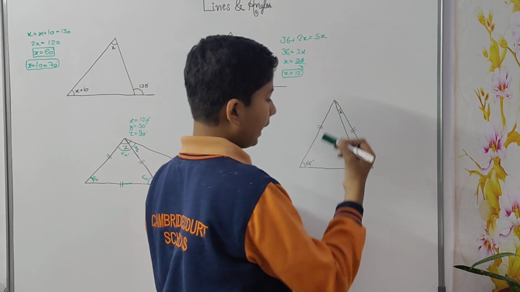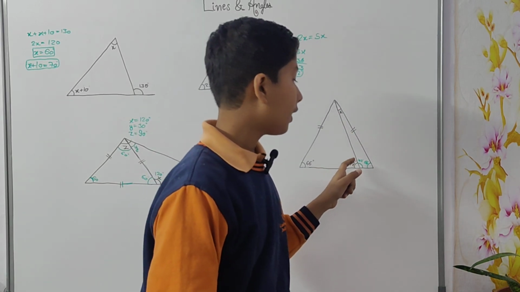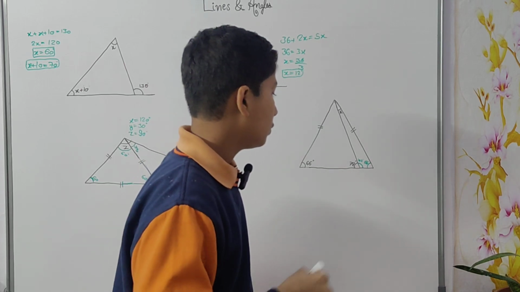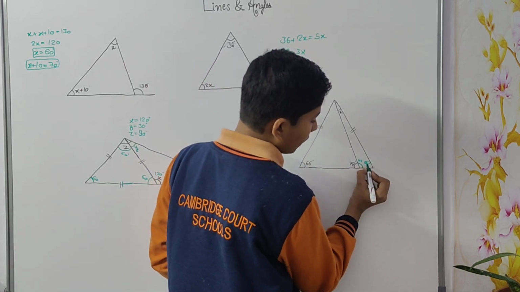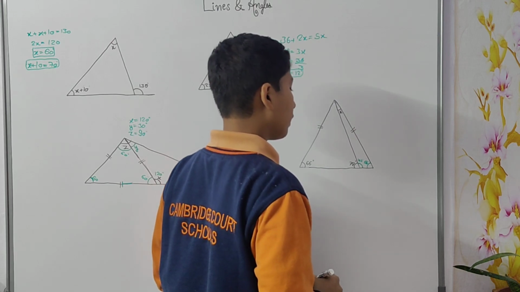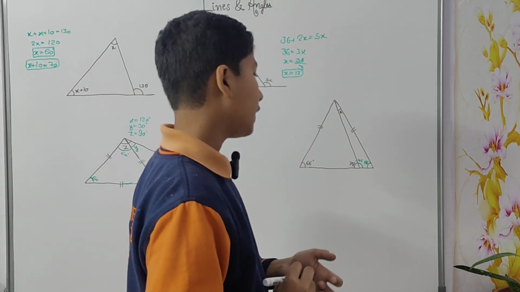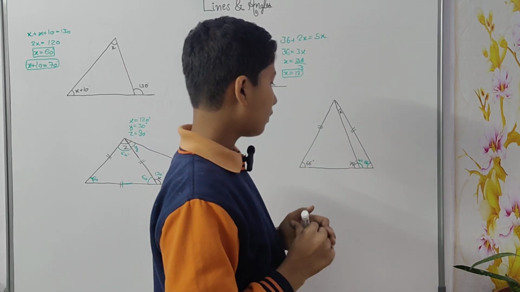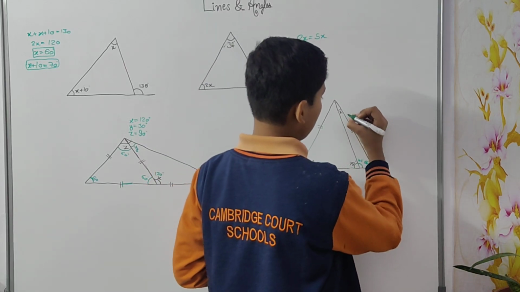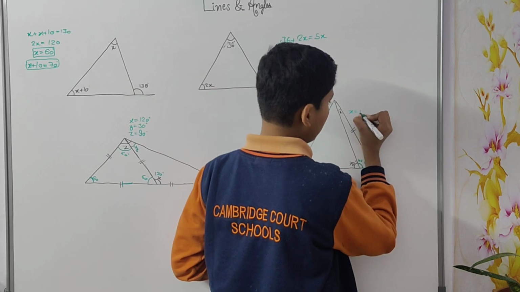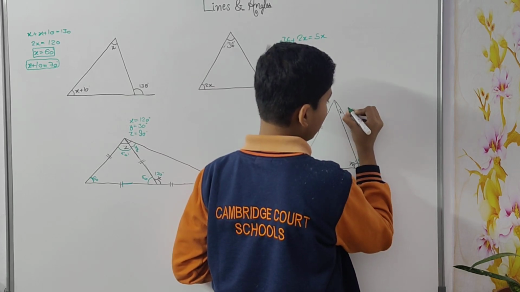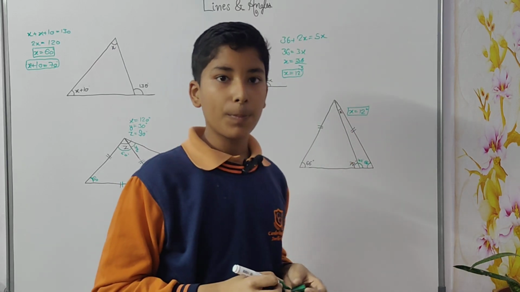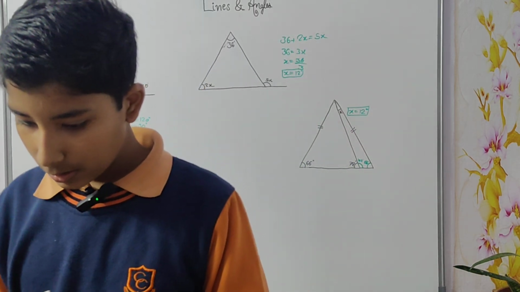So 102 plus 66 will be x. 180 minus the sum of 102 plus 66 degree equals x. So 102 plus 66 is 168 degree. So what will this be? This will be 12 degree, because of the angle sum property of a triangle.